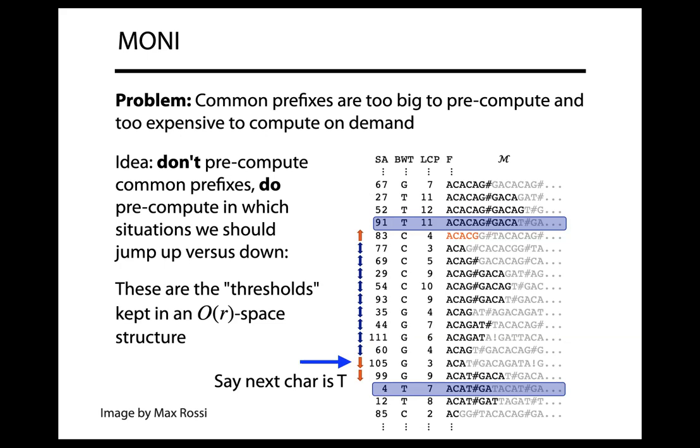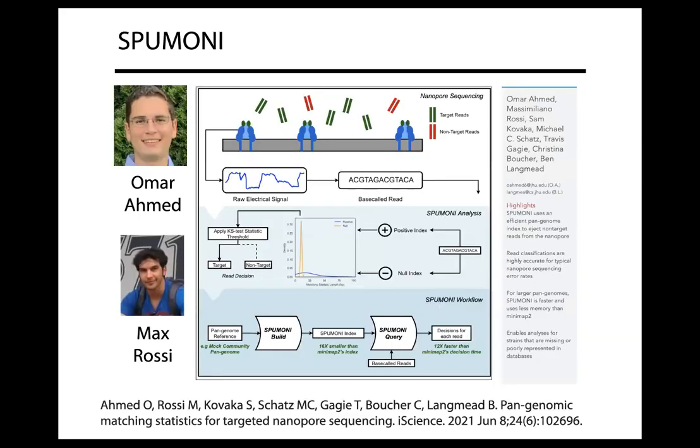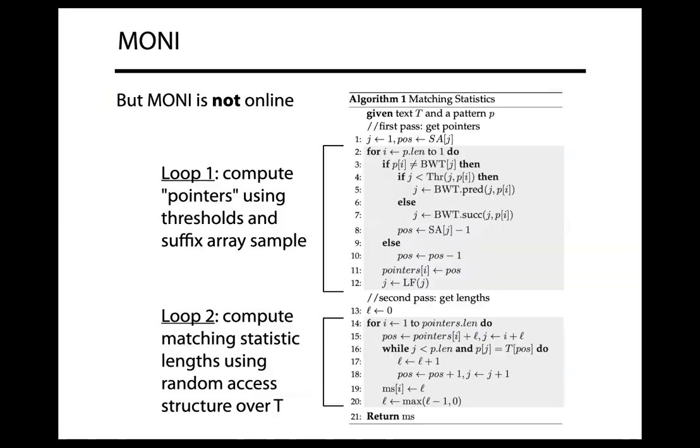However, even though this is a clever way of pre-computing these partial answers, and we were very excited to apply it, we eventually did apply it to problems of real-time matching of nanopore sequencing reads, it turned out it was not online because it actually consists of two passes. In the first pass, we're using the threshold information that I just mentioned, which is what's in this block right here.